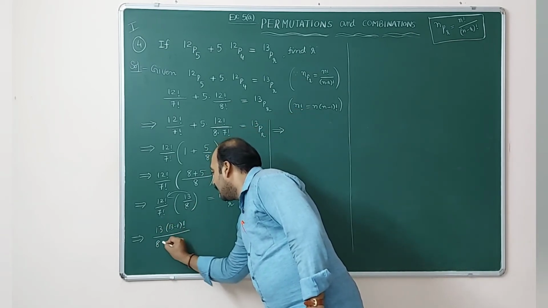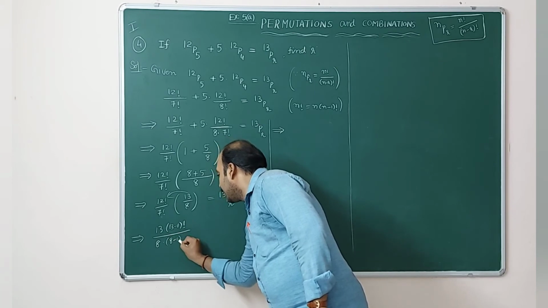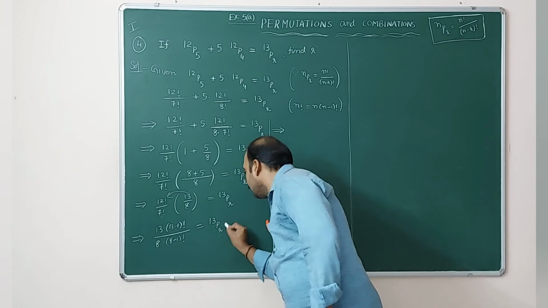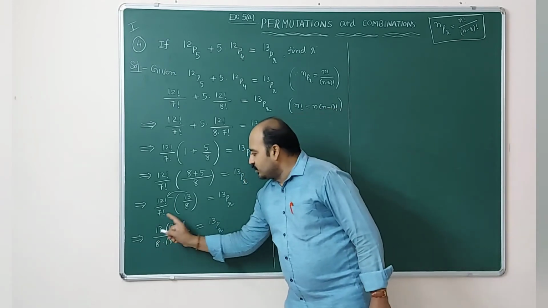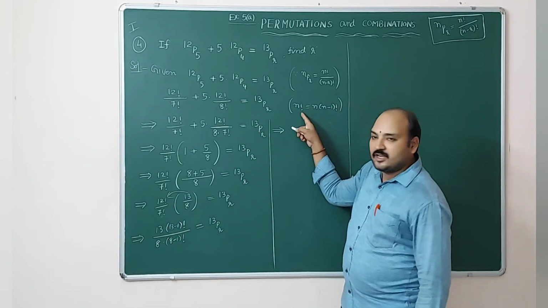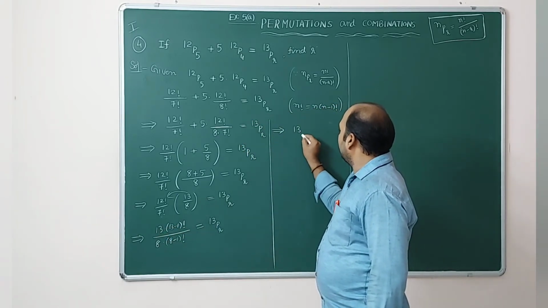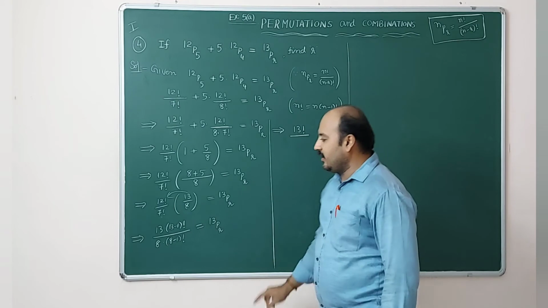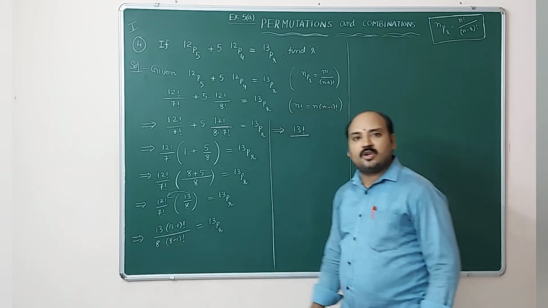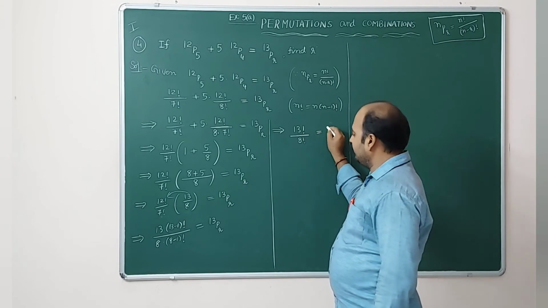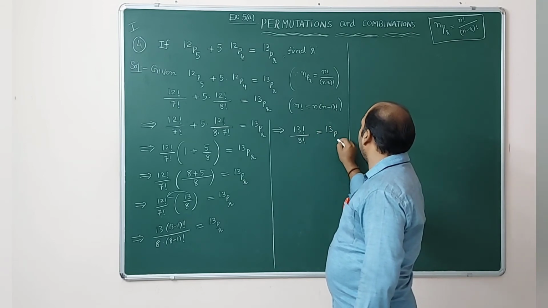Here 7 factorial can be written as 8 minus 1 factorial, which is equal to 13Pr. So n into n minus 1 factorial means n factorial. So if here n is 13, 13 factorial divided by 8 into 8 minus 1 factorial means 8 factorial, which is equal to 13Pr.